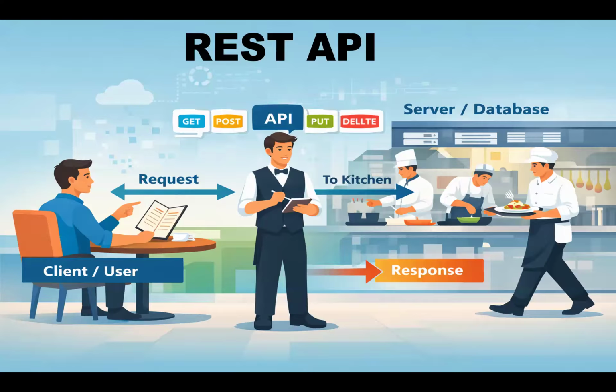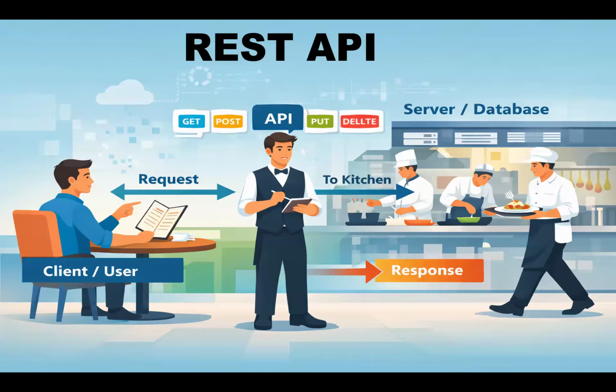Correct? Understood this thing? Okay, API is a program, or one application. Client is also one application. Server is also one application. And in between, API is also one application.